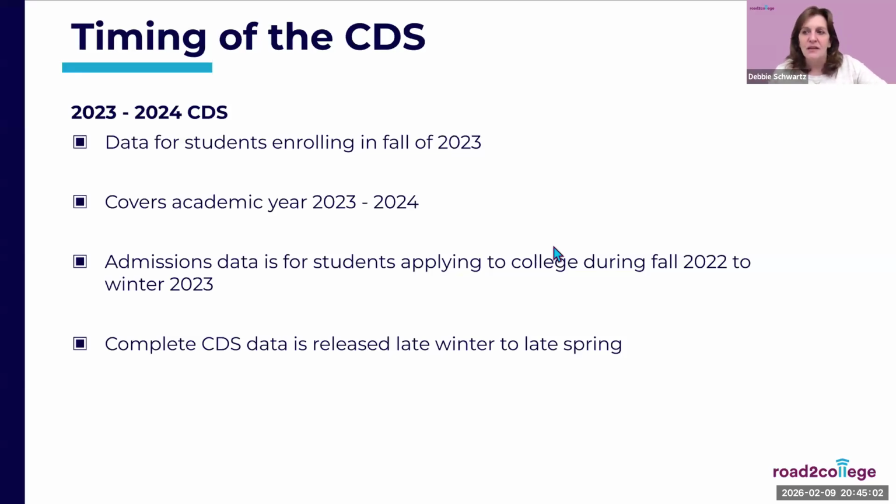But rest assured, we and most websites have what is considered the most up-to-date data, which is the common data set for the academic year 2024 to 2025. The academic year 2025 to 2026 just hasn't been published by all the colleges yet.